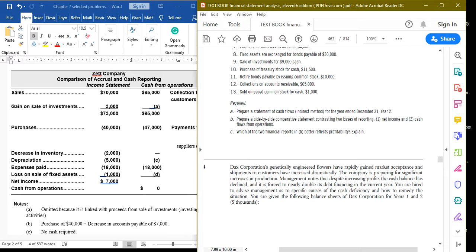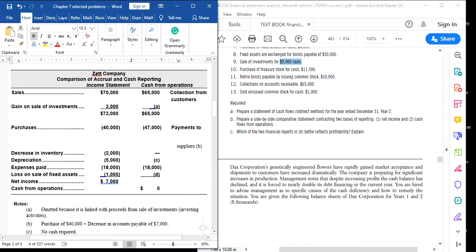Gain on investments, which is $9,000 minus $6,000, ends up to be $3,000. But what is the equivalent of this in the cash flow part?